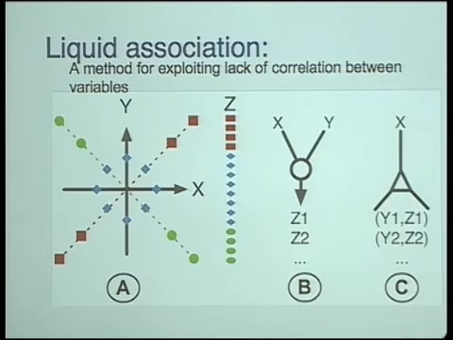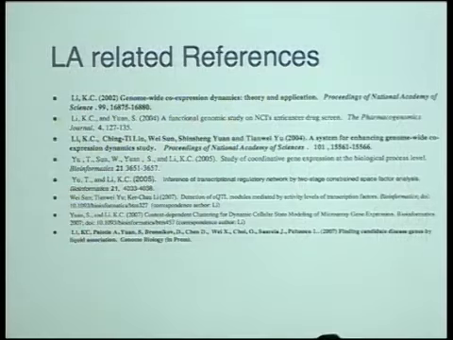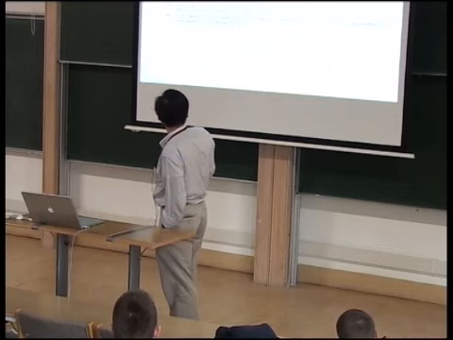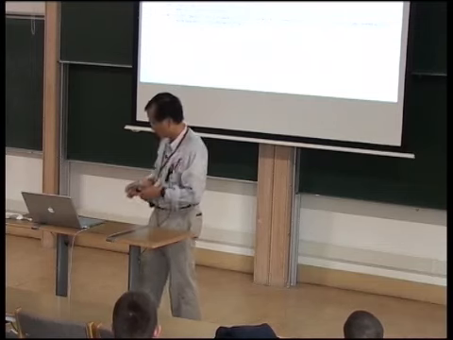But you can also do the liquid association study, to see which pair of genes has a high liquid association score. So we also rank that. Now, of course, the computation is more involved. So that's why we need to do a little bit of computing ahead of time and store it. So here are a few references that I've done using this technique.